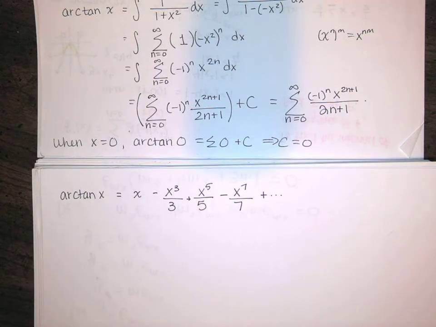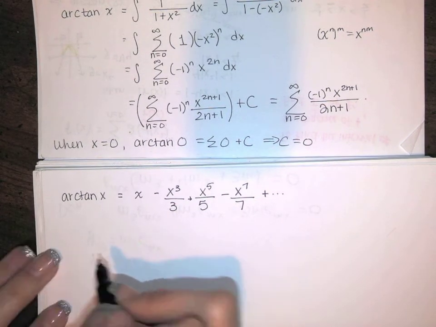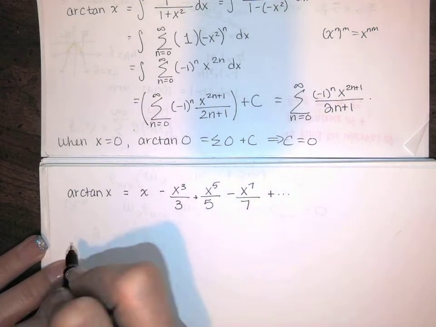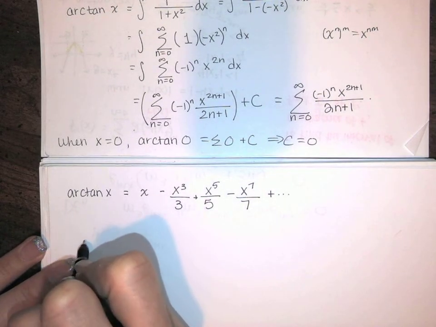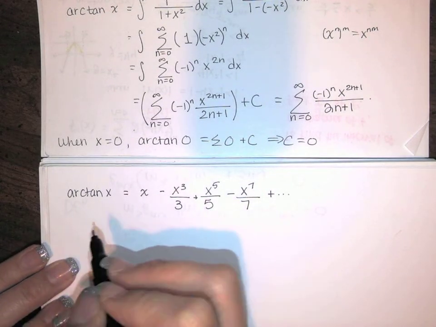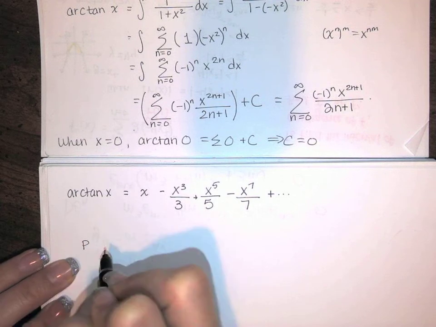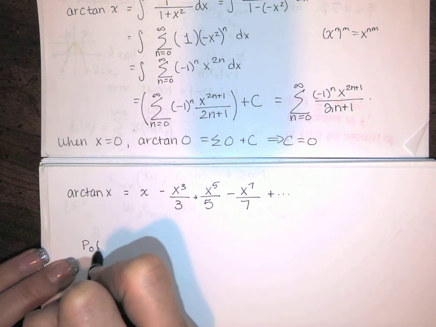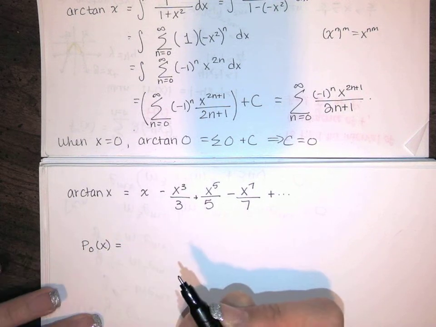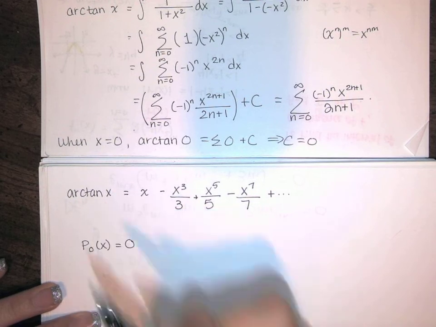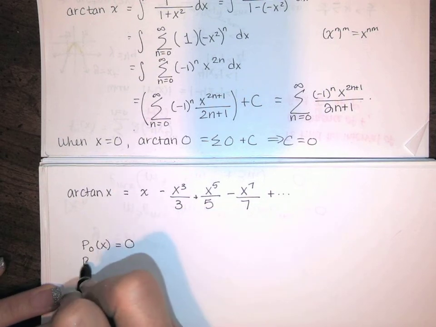So that's our power series for arctangent of x, and we've got various Taylor polynomials or Maclaurin polynomials for this. So we could use p sub 0 of x, that's the 0th order polynomial, equals 0 to approximate arctan.